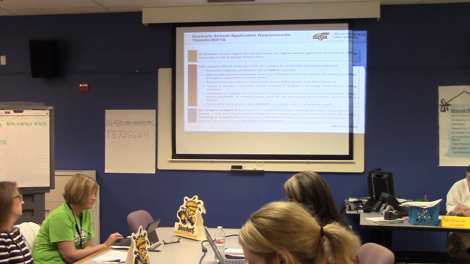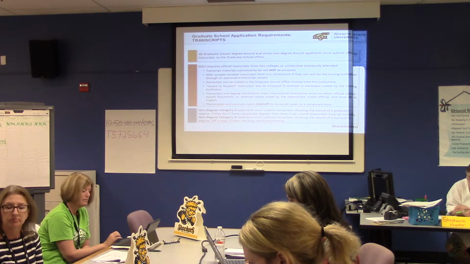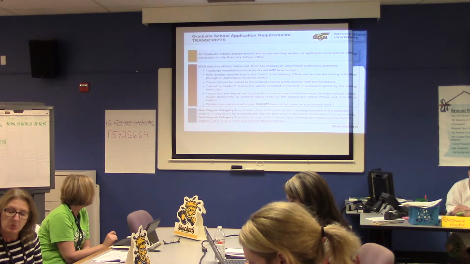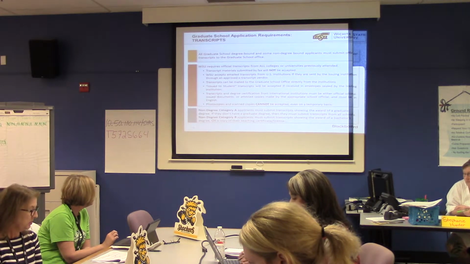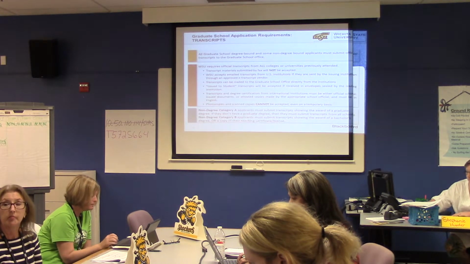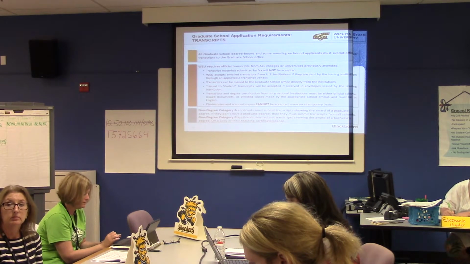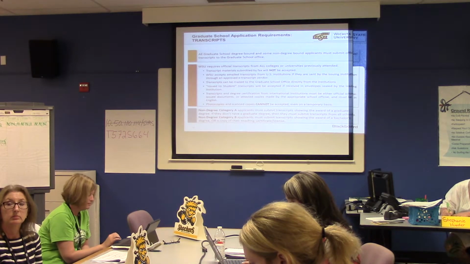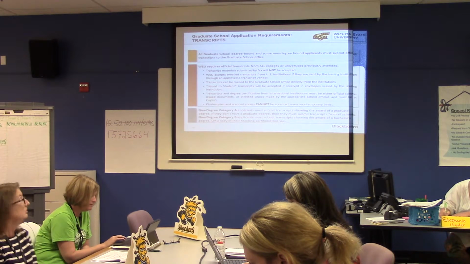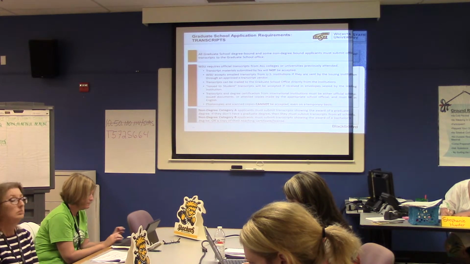Okay. So there are also some non-degree graduate students. I would say this is not very many, but they still have to submit transcripts showing that they have credit. And basically, if they don't have a graduate degree, they have to submit all transcripts.